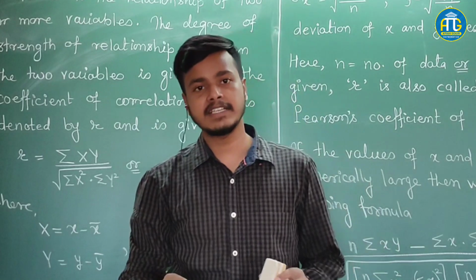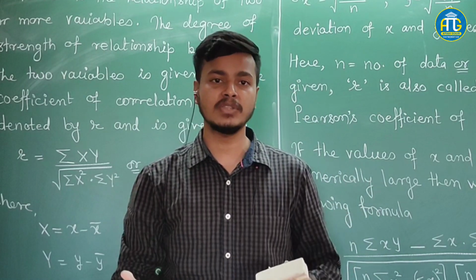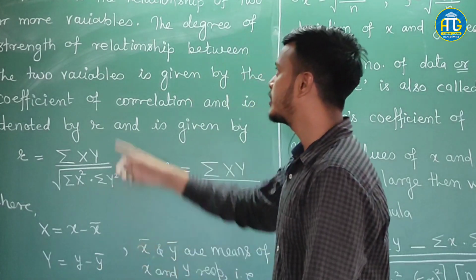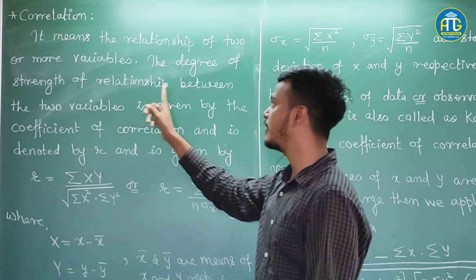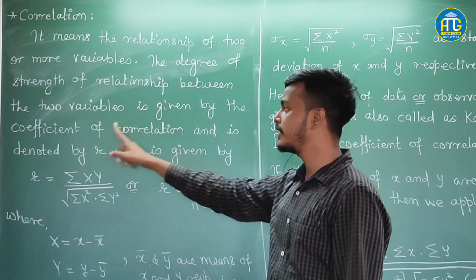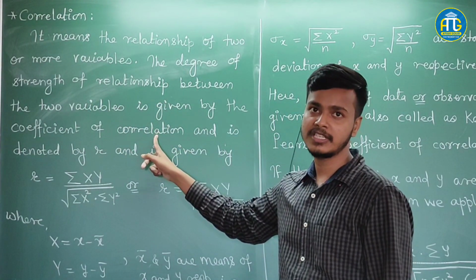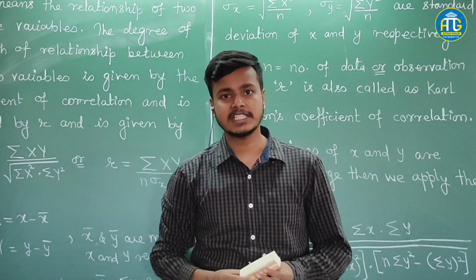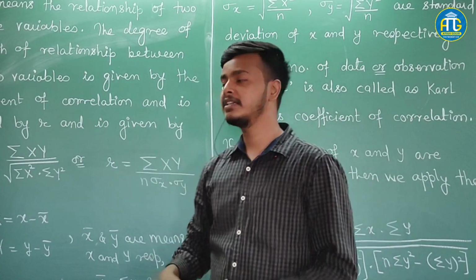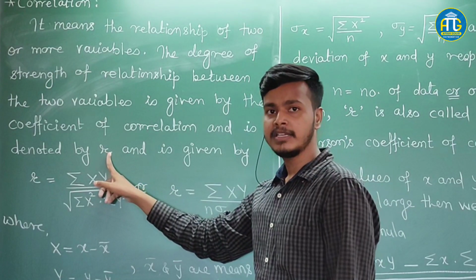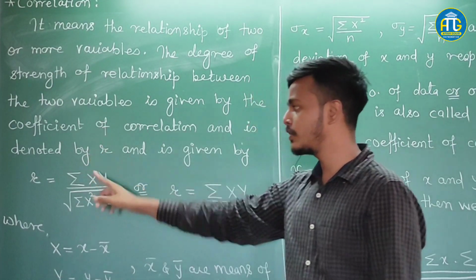And whenever there is a relationship, there must be some strength of that relationship. The degree of strength of that relationship is given by the coefficient of correlation. As far as the notation is concerned, we are going to take small r as the notation for the coefficient of correlation.